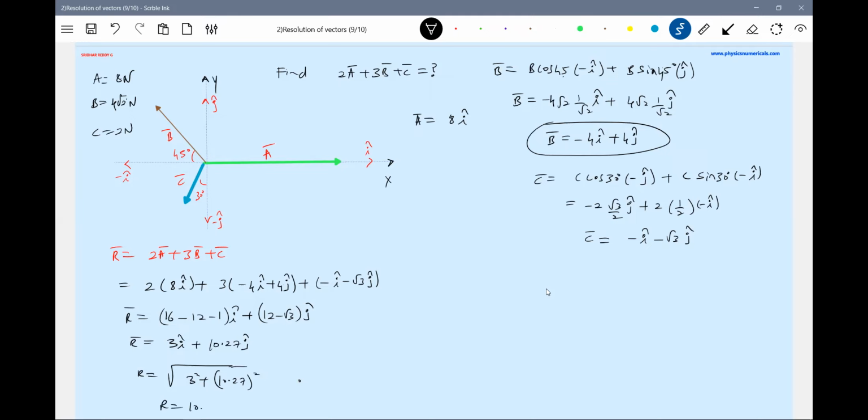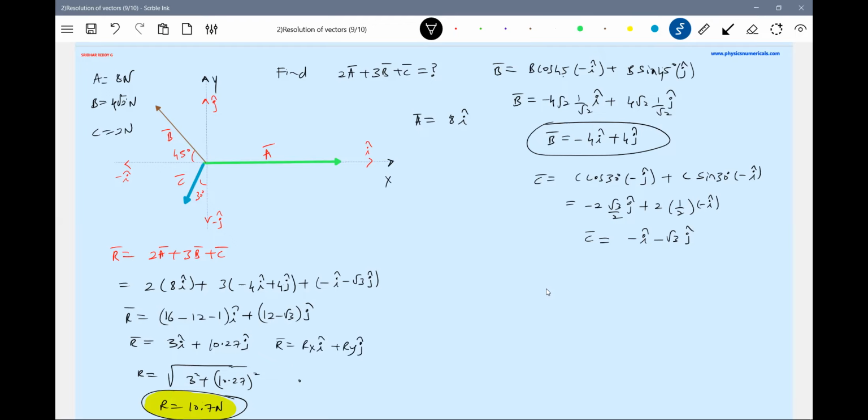I'm using a calculator. By seeing we can't tell, I'm using a calculator, fast calculations I'm doing. Okay, this is the resultant of 2A bar plus 3B bar plus C bar. I want the angle. So for that, what we'll do again, this R bar only, you can write it as Rx I cap plus Ry J cap.